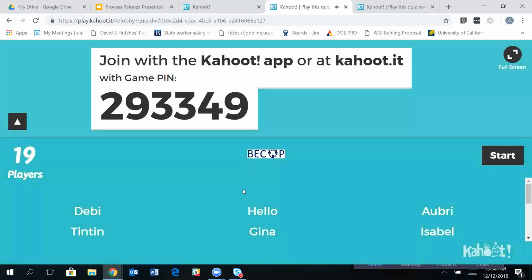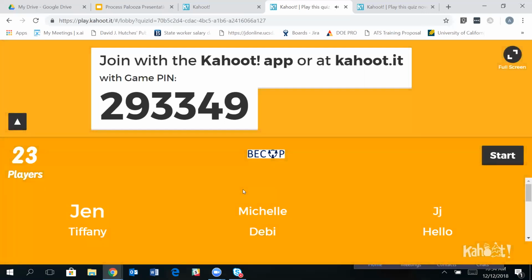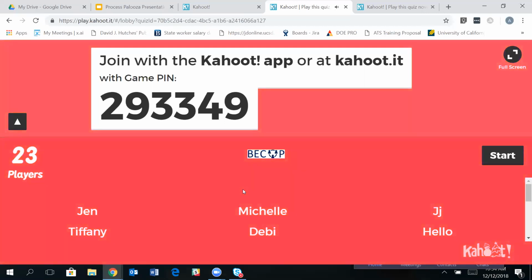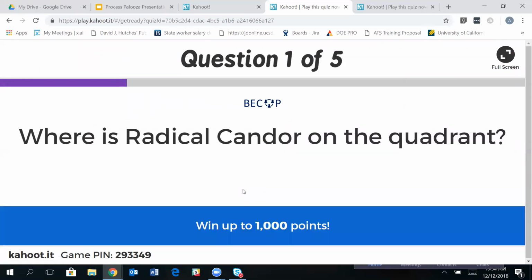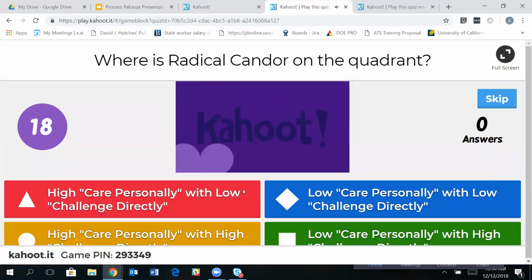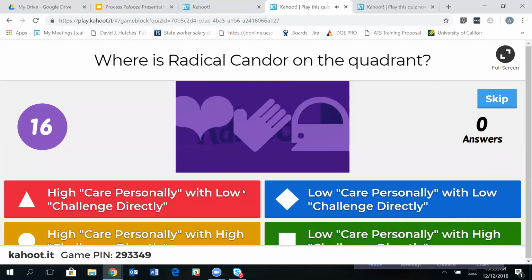All right. About ready? Ta-da. Ready? All right, here we go. 5 questions, easy peasy. Where is Radical Candor on the quadrant? That quadrant I showed you. Is it high care personally with low challenge directly?